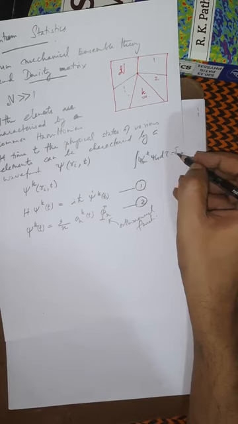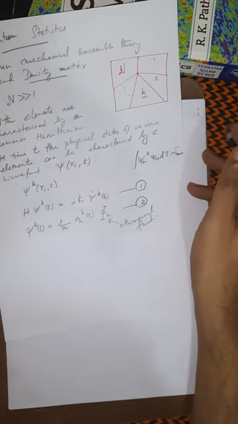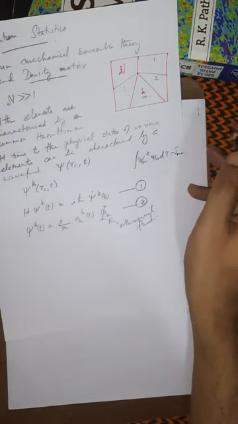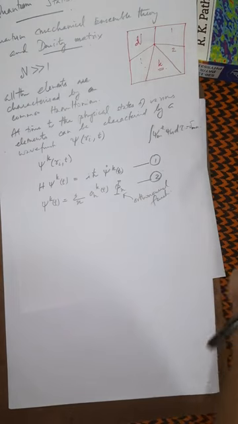If two wave functions are orthogonal, then the integral of psi1 star psi2 is equal to 0. I am just reminding you that you can go back to your quantum mechanics book if you have doubts on what an orthonormal function means.